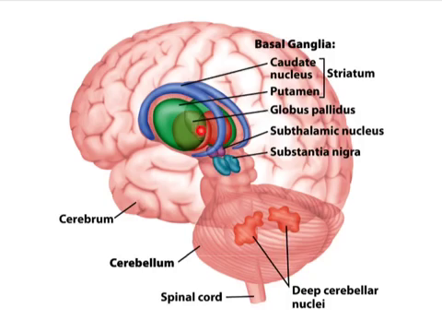So the caudate and the putamen are the striatum, and those structures receive input coming into the basal ganglia. Information leaves the basal ganglia by way of the internal globus pallidus and the substantia nigra.